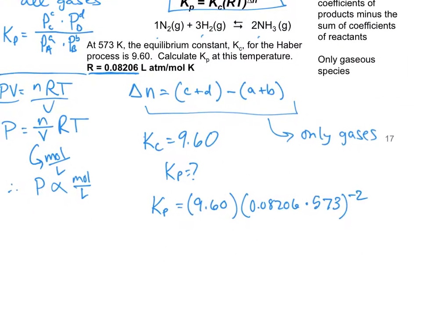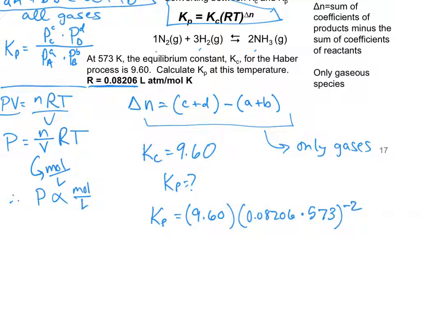And again, we talked about being messy with units on K sub C because we can end up with some wonky looking moles per liter squared or cubed or whatever. Again, we don't need to worry so much about the units on K sub P. It's going to be a unitless number.